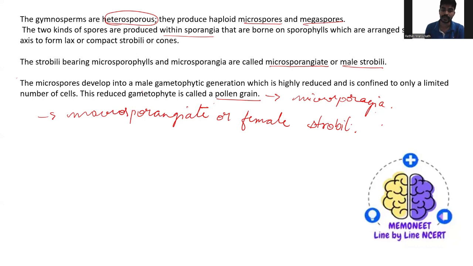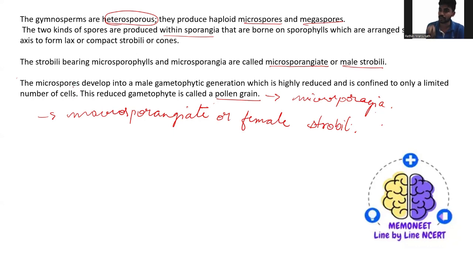So this is all about the male and female. In the female, basically it will have a cone-like structure consisting of the ovule, or the megasporangia. Together we normally call it megasporangiate, or the female strobili. Okay, is this clear? Now when coming to the male and female, obviously they are different, right?